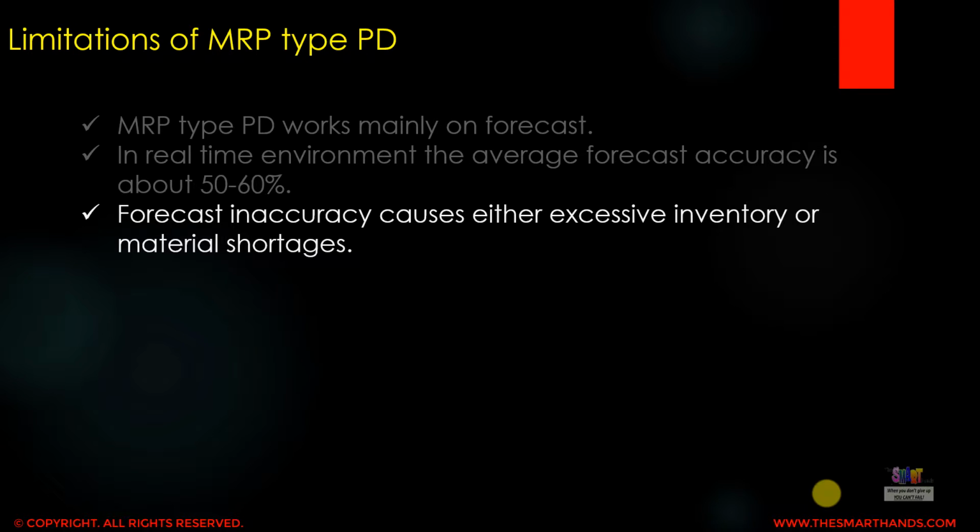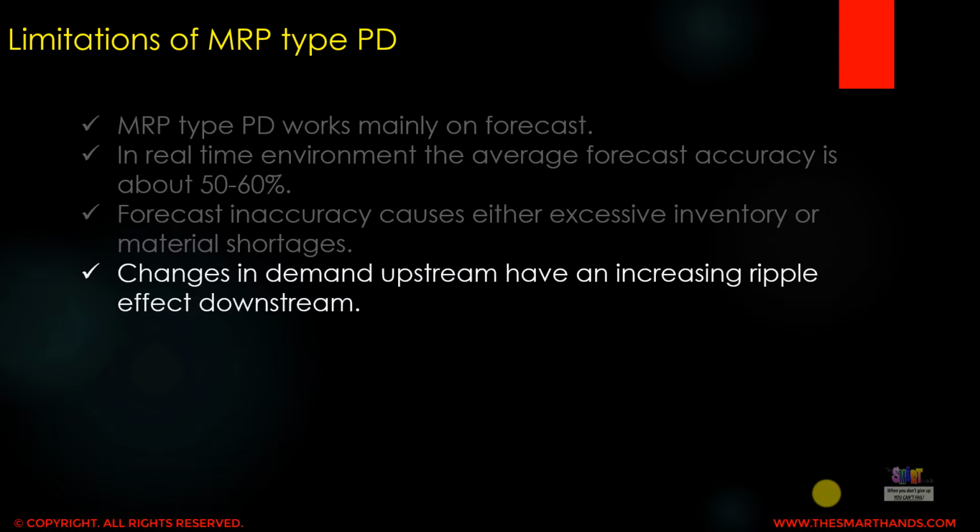Forecast inaccuracy causes either excessive inventory or material shortages. Changes in the demand upstream have an increasing ripple effect downstream.